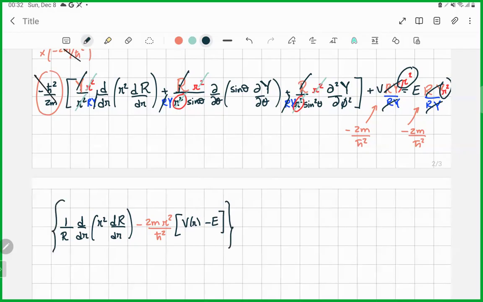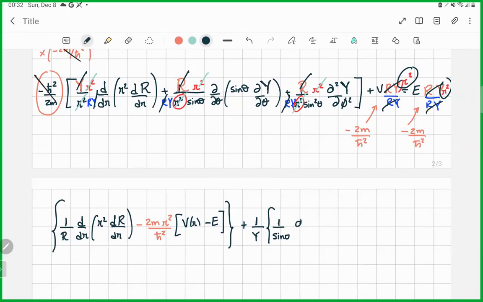What is next is the part that depends on angles. So what do we have that depends on an angle? Look, there is this function Y surviving in the denominator of both terms. Okay, so I'm going to start by writing this, Y. And then what else we have? We have 1 over sine of theta.